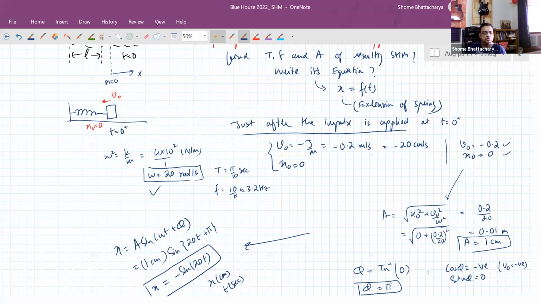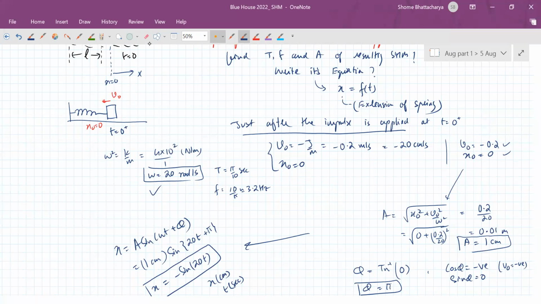Okay, so this is the direct application, how you should be able to do. Just using the standard formulae for the standard spring mass system. You don't have to go into any of the derivations or fundamentals like that.